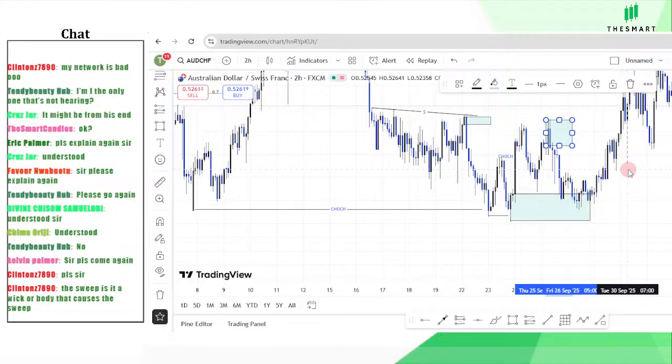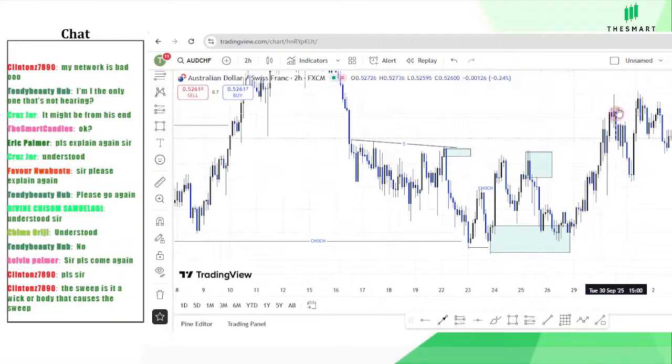What are you selling? You're already having how many tops here, or equal highs at this point? Why are you still looking for sell? That's liquidity already engineered above. So whatever you are doing, you should look for buy so that you get to clear this liquidity to the upside.